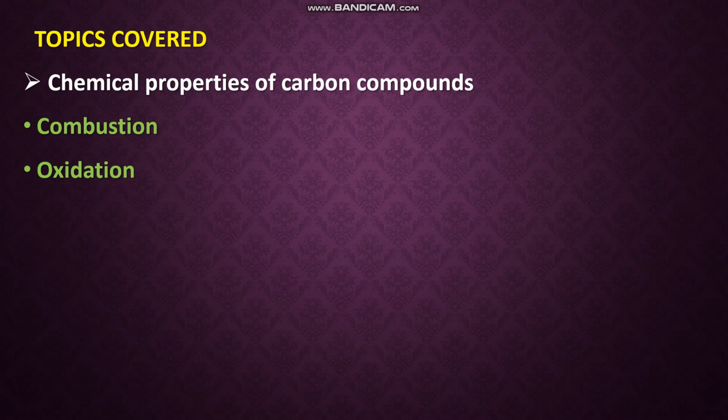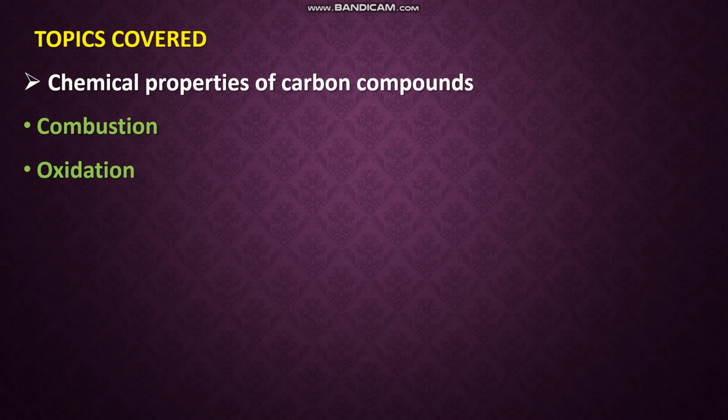So in today's class we have learnt chemical properties of carbon compounds. There are 4 chemical properties we are learning in this lesson: combustion, oxidation, addition reaction and substitution reaction. Today we have discussed only 2, combustion and oxidation. Addition reaction and substitution reaction we are going to learn in the next class.